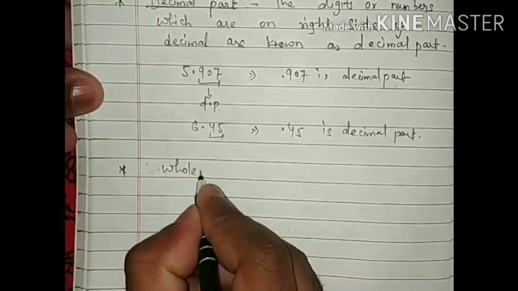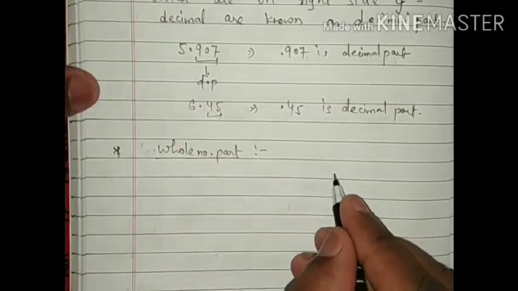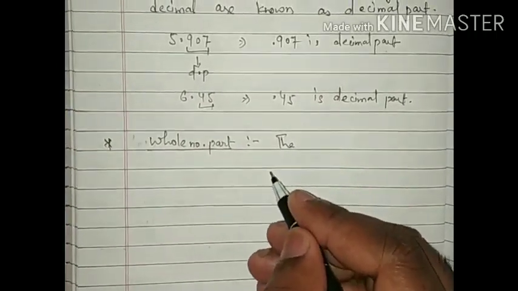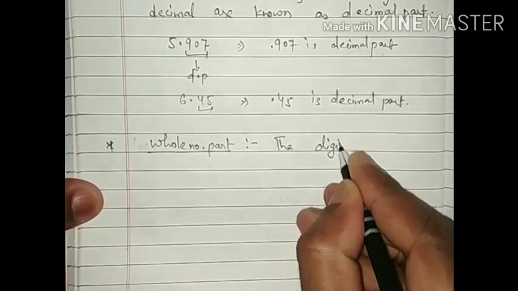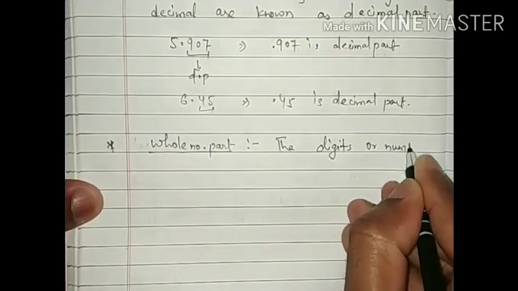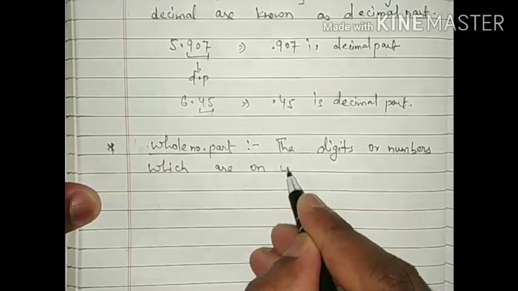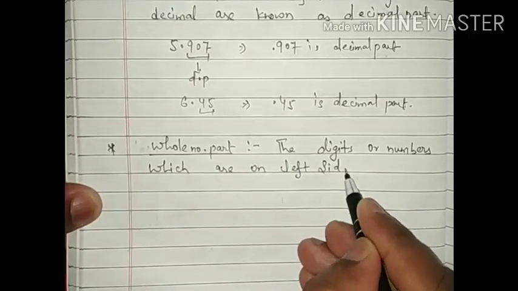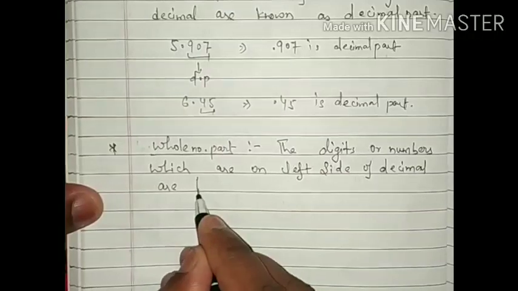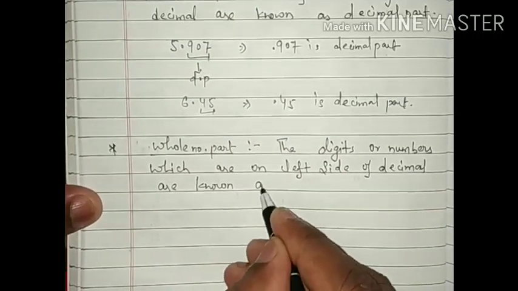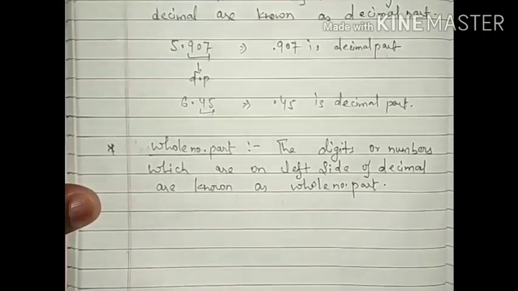Whole number part: the digits or numbers which are on the left side of the decimal are known as whole number part.